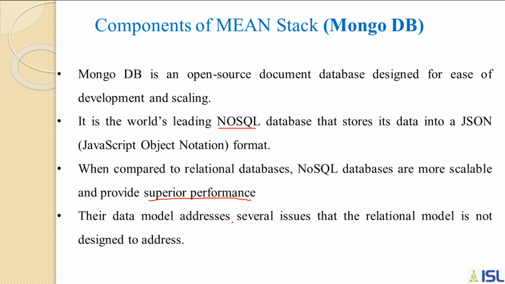Its data model addresses several issues that the relational model is not designed to address. So the major advantage of going to NoSQL is that the relational model has issues, but NoSQL does not have those kinds of issues. That is MongoDB.